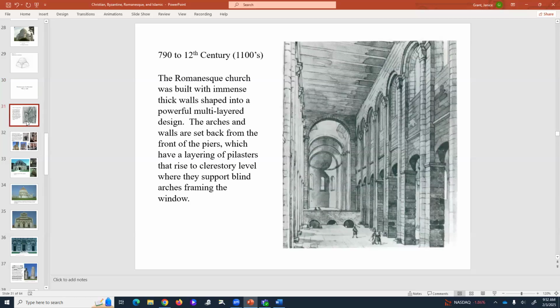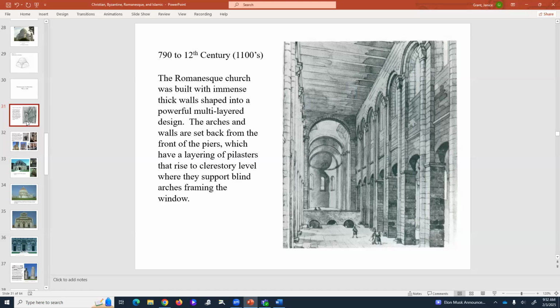And so the Romanesque churches come from that early Christian, and we talked about this transition when we saw some of the later early Christian style.